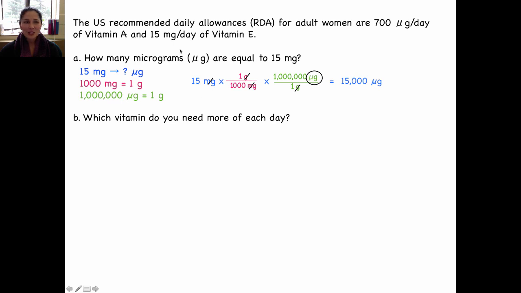Now I know that the recommended dose of vitamin E for an adult woman is 15 milligrams per day or 1,500 micrograms per day. So now I can compare the 1,500 micrograms per day of vitamin E to the 700 micrograms per day of vitamin A. And I can see that women need more vitamin E per day than vitamin A.